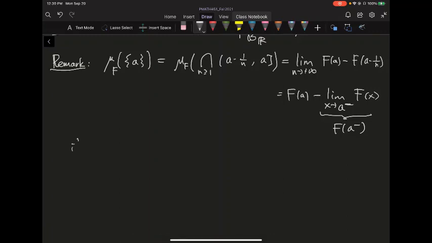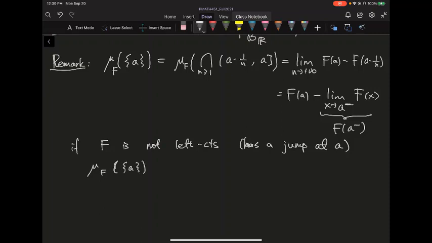So if f has a jump at this a, then mu_f({a}) is equal to the magnitude of this jump. This allows us to decompose mu_f into a sum of two measures: one contains only these jumps, the other is given by some continuous f.